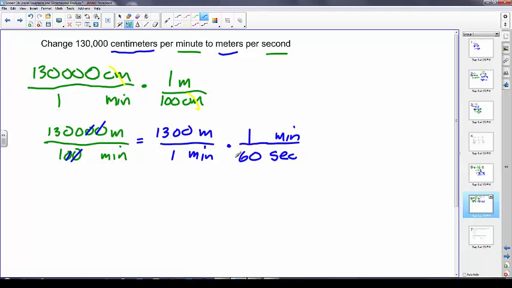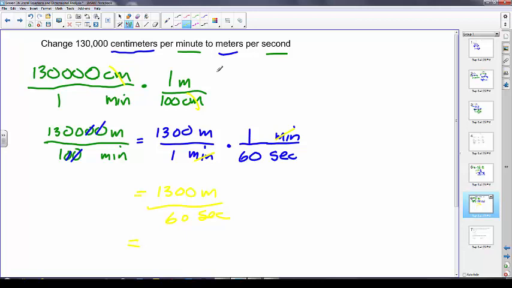So now you'll notice my minute units will reduce out, and I'll be left with 1,300 meters over 60 seconds. And what I can do now is do the division here.